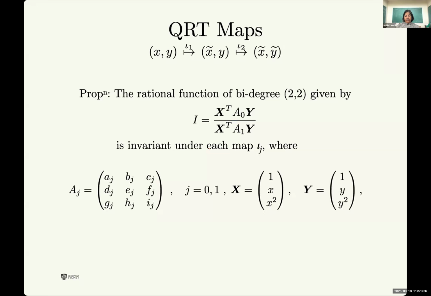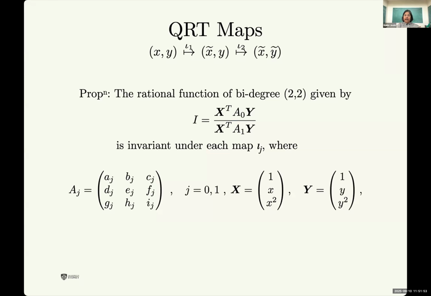And Q, R, and T showed that you can write down all the information in a very clear and beautiful way by using two 3x3 matrices called A here.